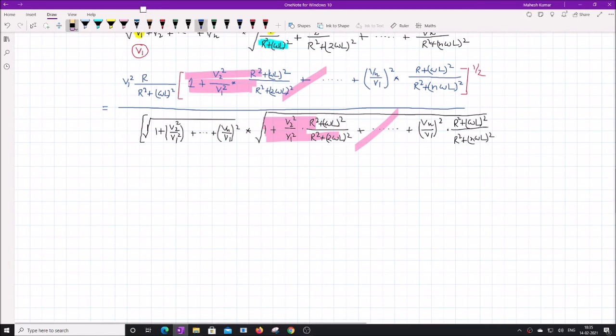This common is basically V1 square into root of R square plus omega L square. This common is from this, and V1 is common from this. So now V1 square will go with this, and this will go with this term with a square root here.